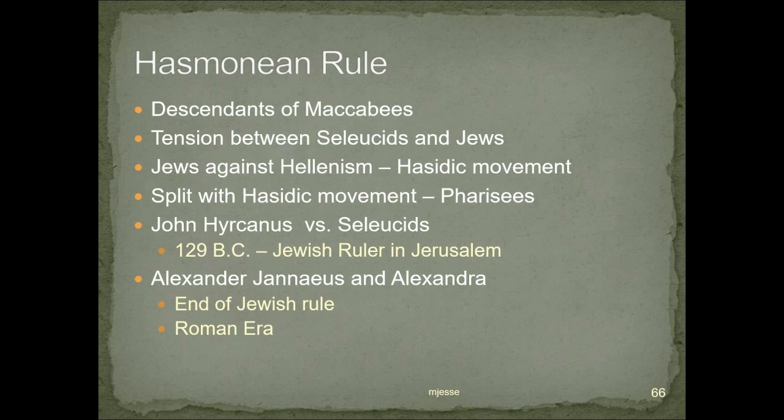So now we have Pharisees within the Jewish High Court. After Alexandra dies, there's quite a bit of turmoil, so much so that finally Rome steps in, and that is the end of the Hasmonean monarchy and the end of Jewish rule. So Israel won't be an independent state again until after World War II.